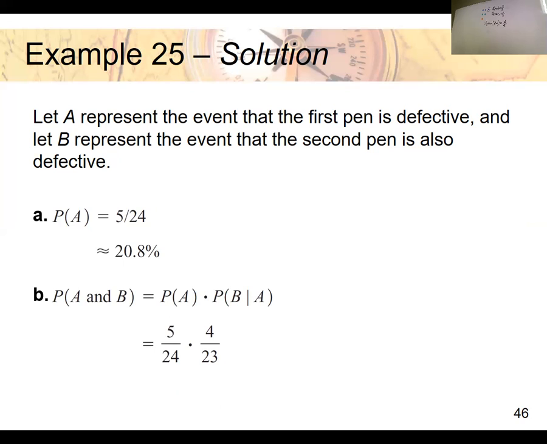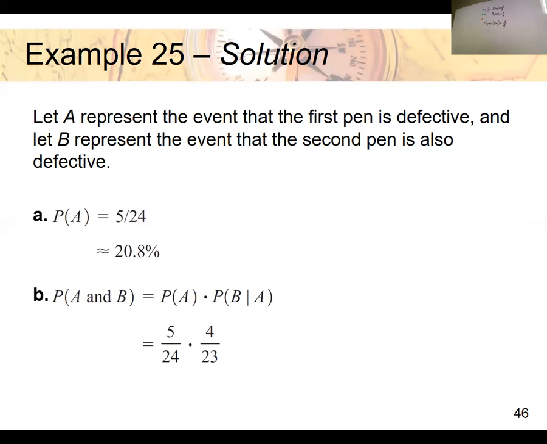Okay, so the probability there would be 4 out of 23. And we're going to multiply the 2 together. Okay. So if you were going to modify the question to say the first one wasn't defective, but the second one was, that wouldn't change the second number? No, it would not. Okay.